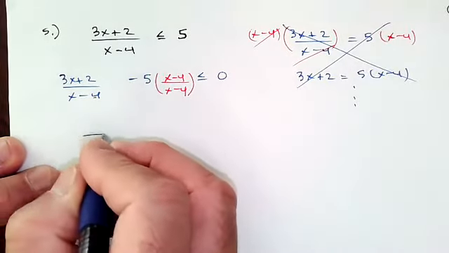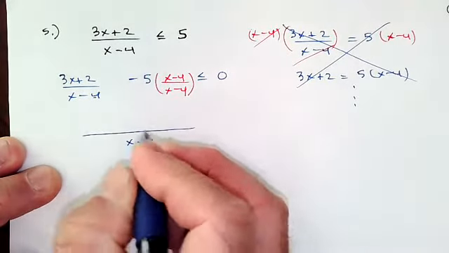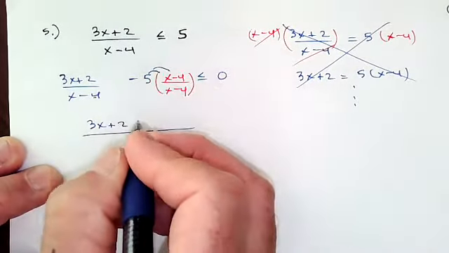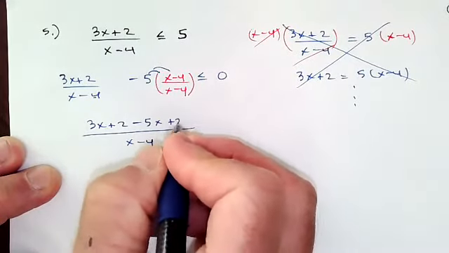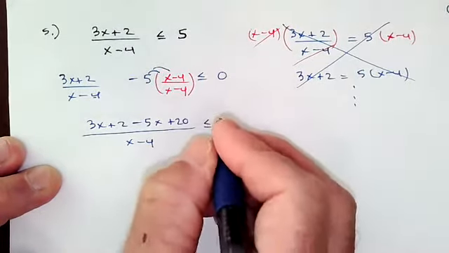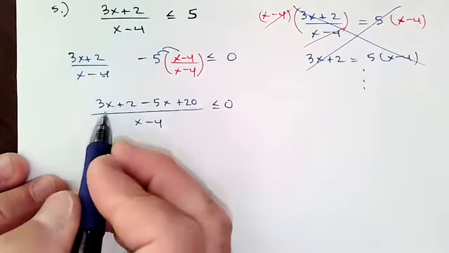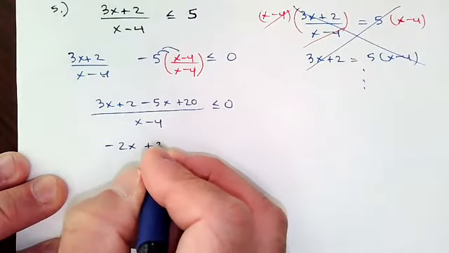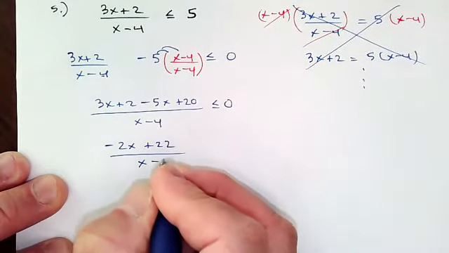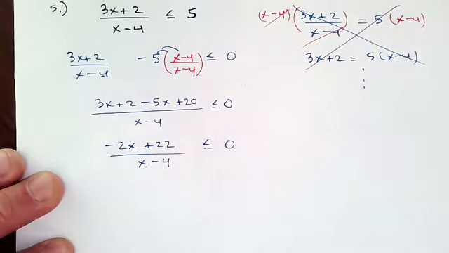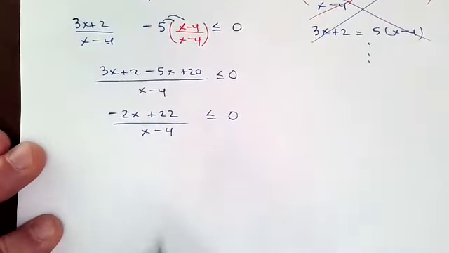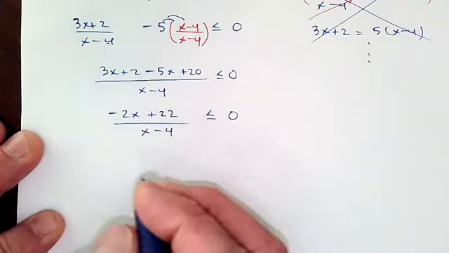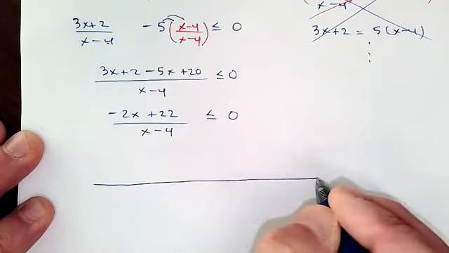So then we're going to have 3x + 2, and then if we distribute this 5, -5x + 20, less than or equal to 0. 3x - 5x is -2x. 2 plus 20 is 22. And now we've got it basically as far as we need to take it. I suppose you could take out a 2 here, but at this point, we're ready to use the number line.